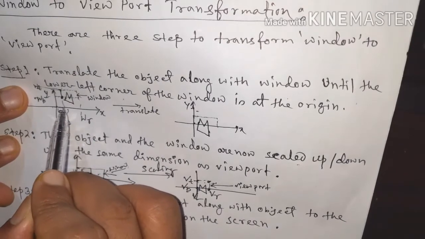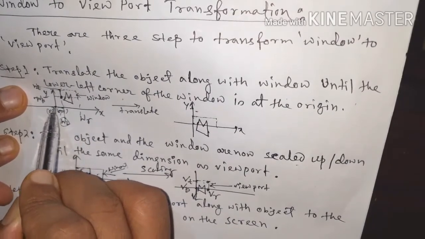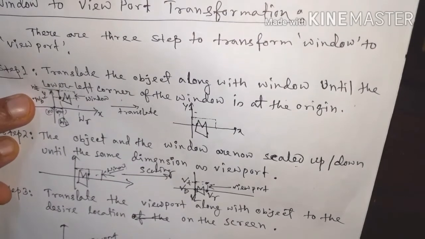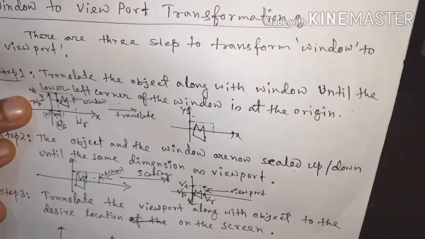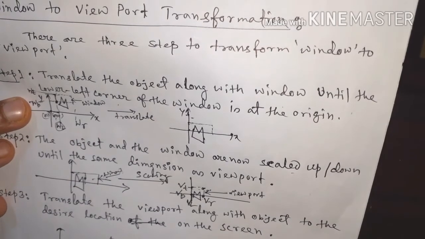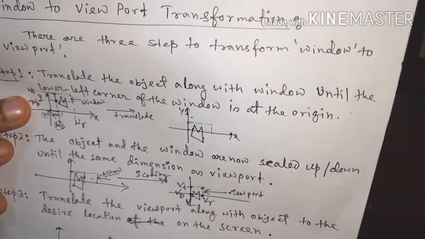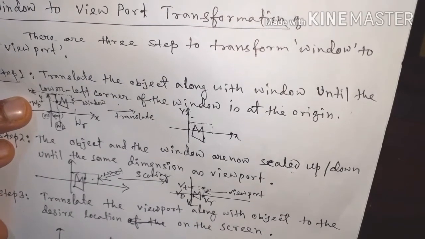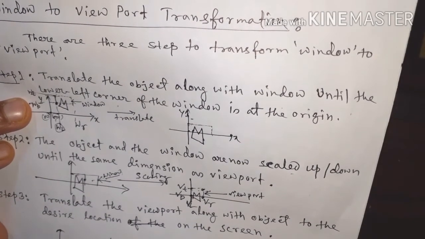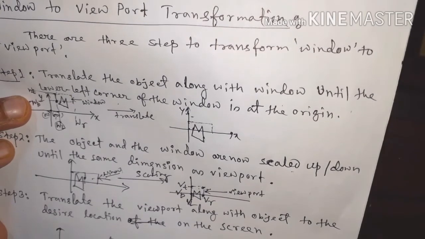WL amount I have to decrease to come to the 0, 0 lower left corner, represented in column major order in homogeneous coordinates: 0 1 minus WB, 0 0 1.